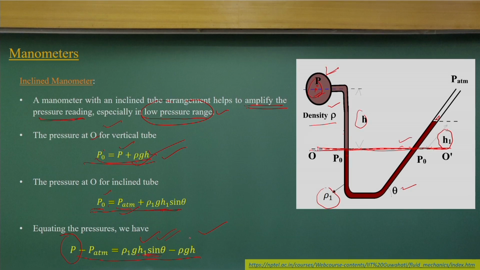And once you know the pressure equations, as you will have a measurement of H1 and H on a graduated scale, then you know the sin theta, the density, and the atmospheric pressure, so you can measure the pressure in a pipe carrying any oil or water. So, you can measure what the pressure could be at that point.